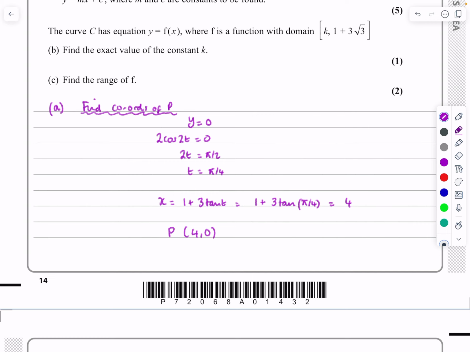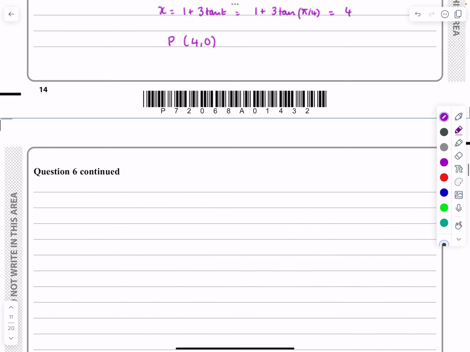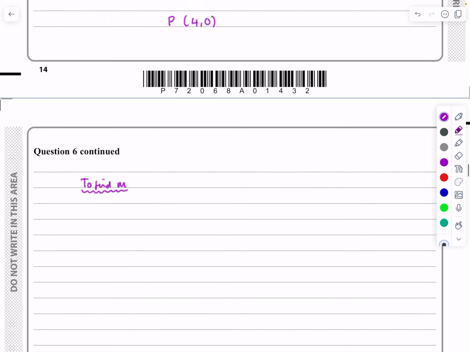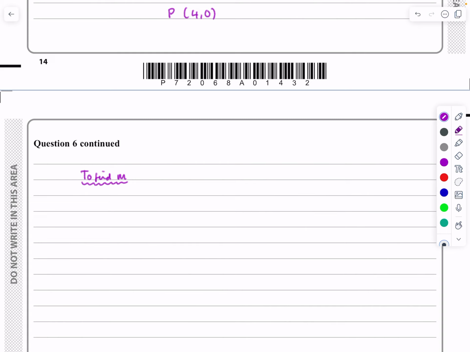P is 4, 0. If I want to work out the gradient, again, just explaining it to the examiner, to find m in my y minus y1 equals m(x minus x1), m is going to be dy by dx. So reminding ourselves again, we had that x was 1 plus 3 tan t, and y is equal to 2 cos 2t. I need to get dx by dt, and I need to get dy by dt.